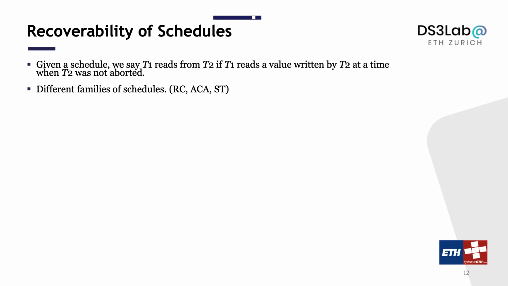There are all the possible schedules, there are serial schedules, schedules that are conflict serializable, and serializable schedules. You have different families, and each of them has different properties. Here we do the same exercise, but for recoverability. We try to understand how we can define different families of schedules, and each family has different recoverability properties.